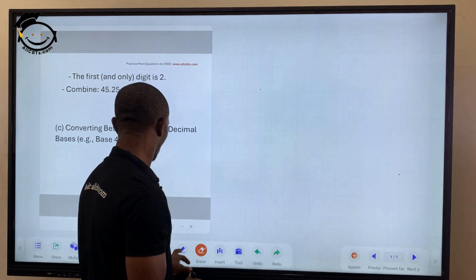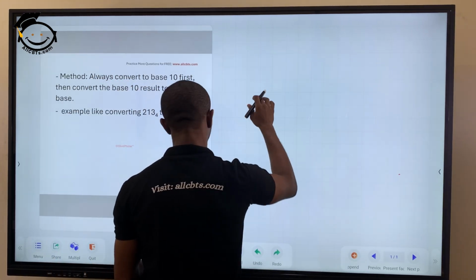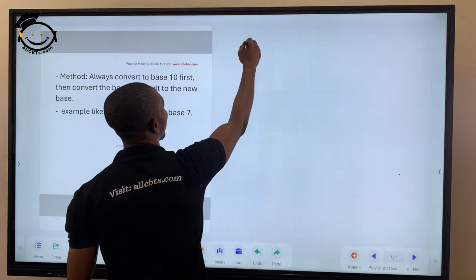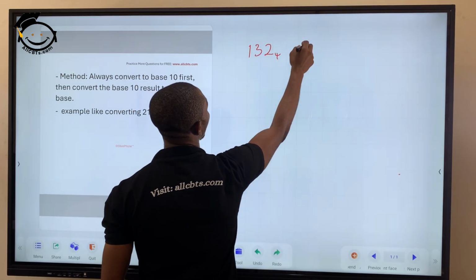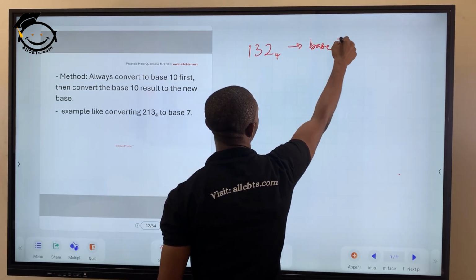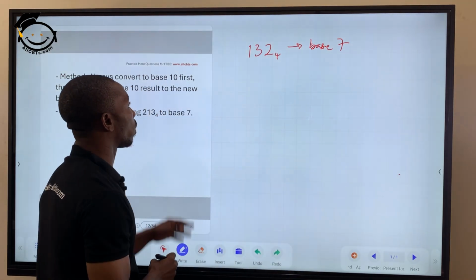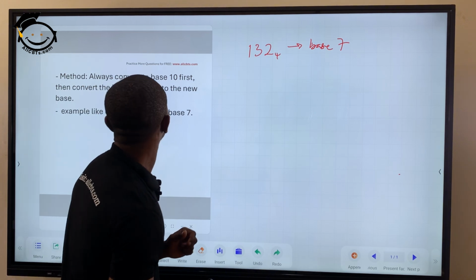Let's say we have 132 base 4. Convert to base 7.